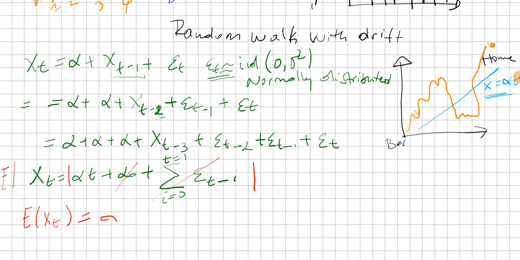And that's why we find that the expected value of x_t remains with alpha times t.